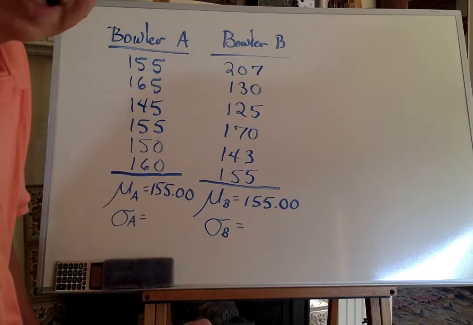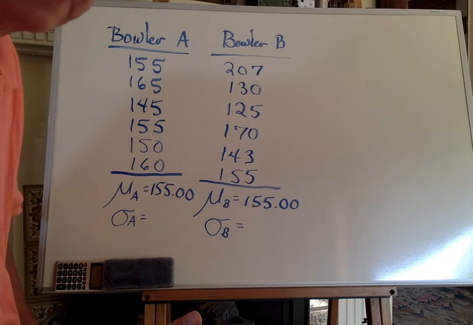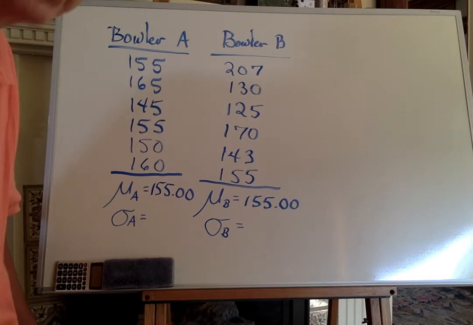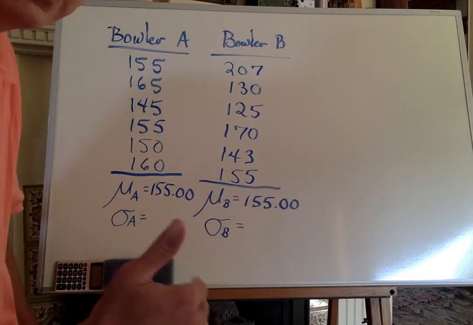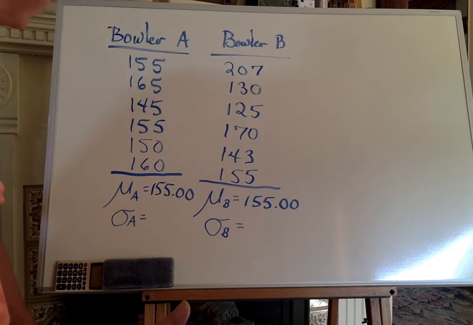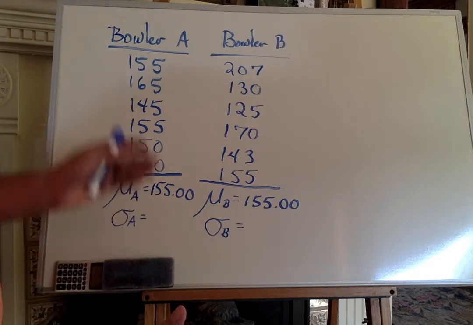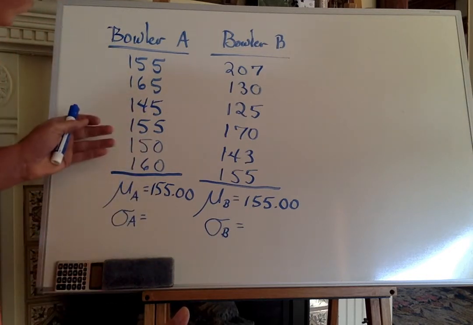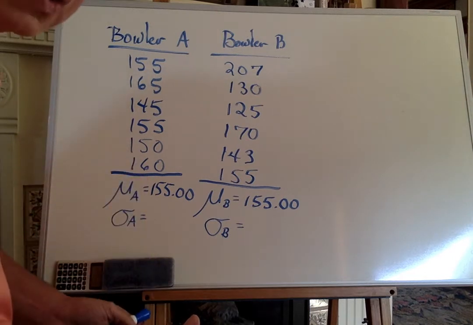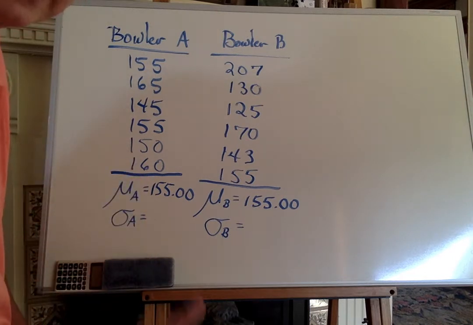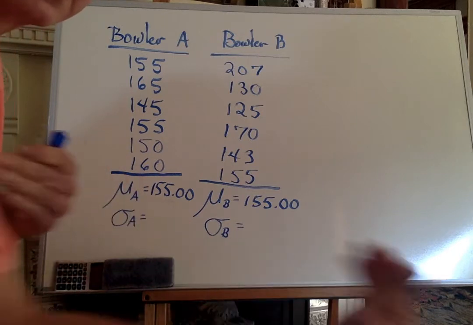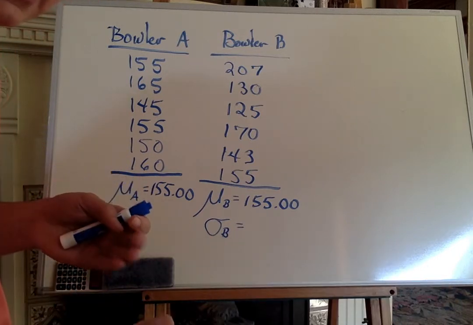Well, we'll talk about the problem with range a little bit. Well, maybe I can talk about it now. The problem with a range is that you can have scores that are quite close together like these, and then have just one score that's really aberrant, that makes the range larger. And so you have to be careful.